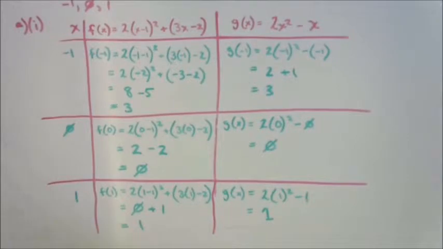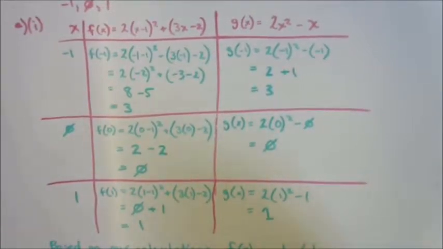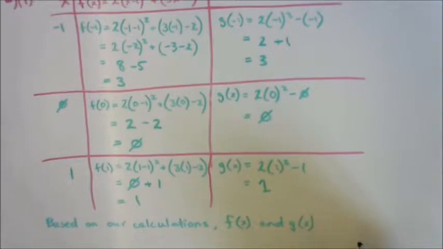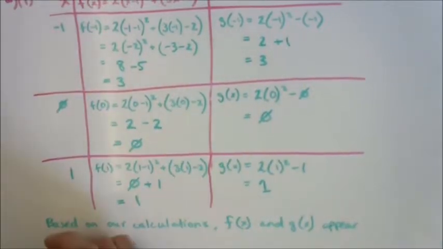What does it appear that we have in the two functions from A? They appear to be equivalent. So based on our calculations, f of x and g of x appear to be equivalent.